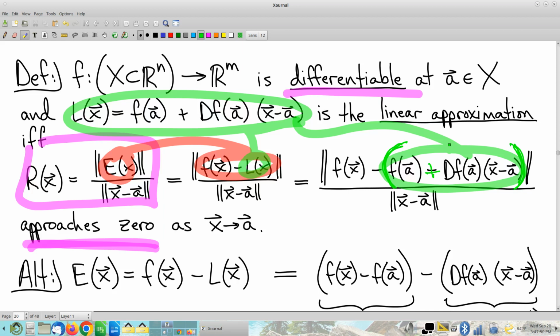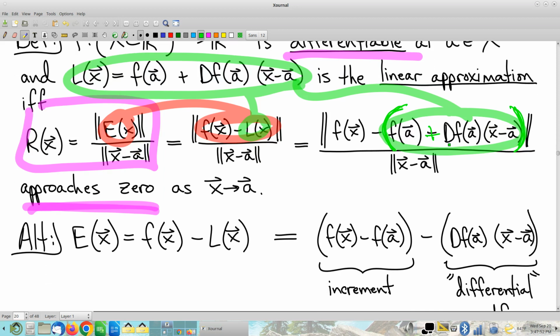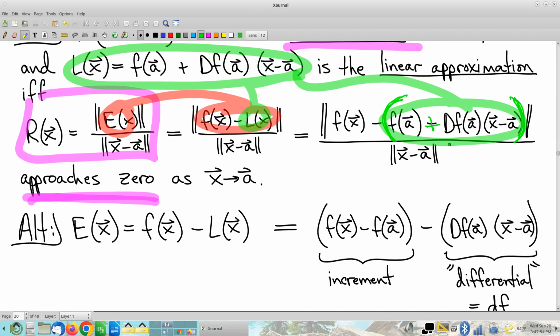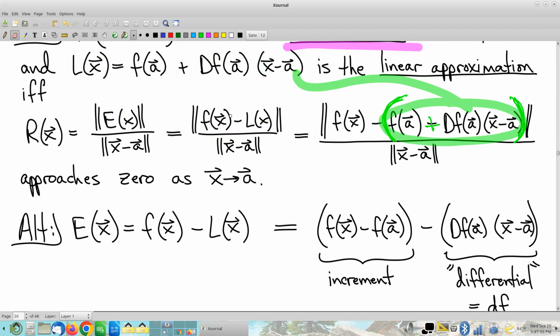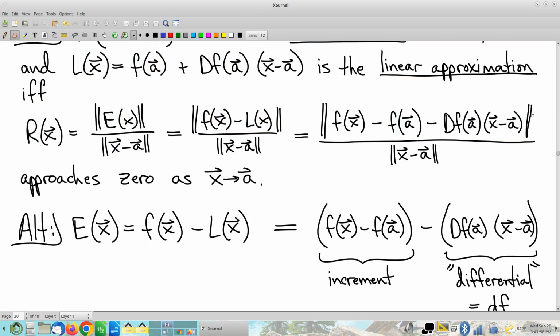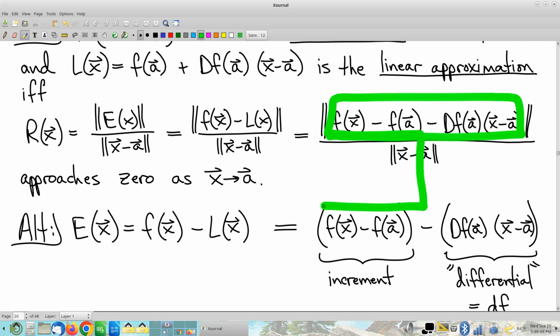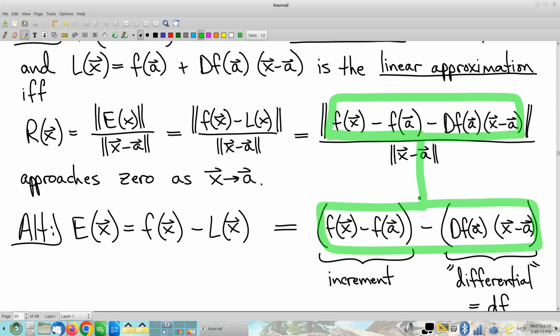All right. Okay, last thing, a little bit of terminology. If I look at the terms a little bit differently in the numerator there, notice I can group them as that minus this.